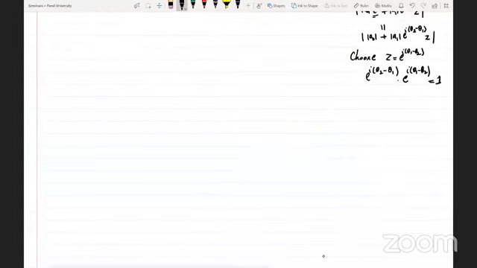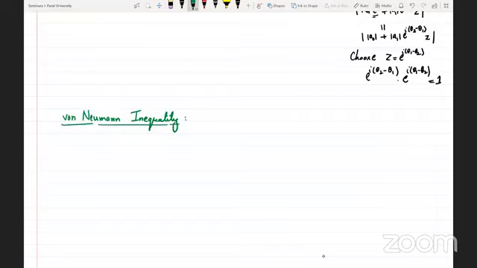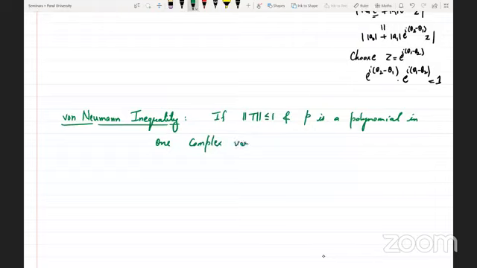And that is exactly von Neumann inequality. So norm p is less than or equal to 1.